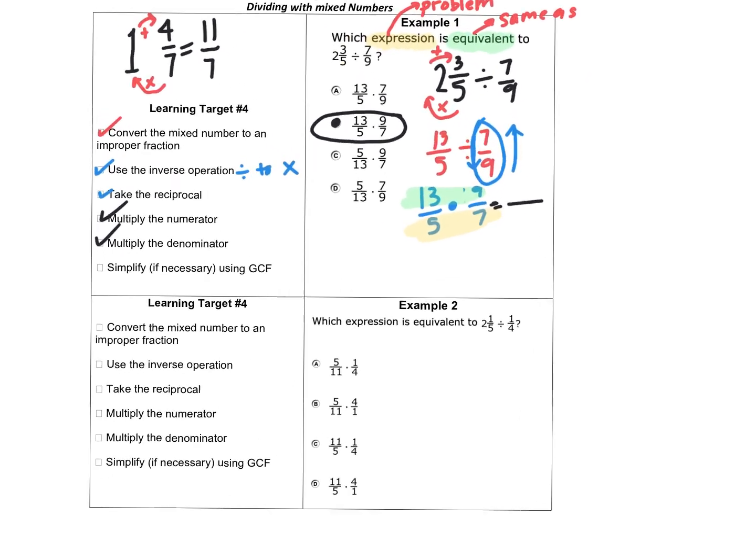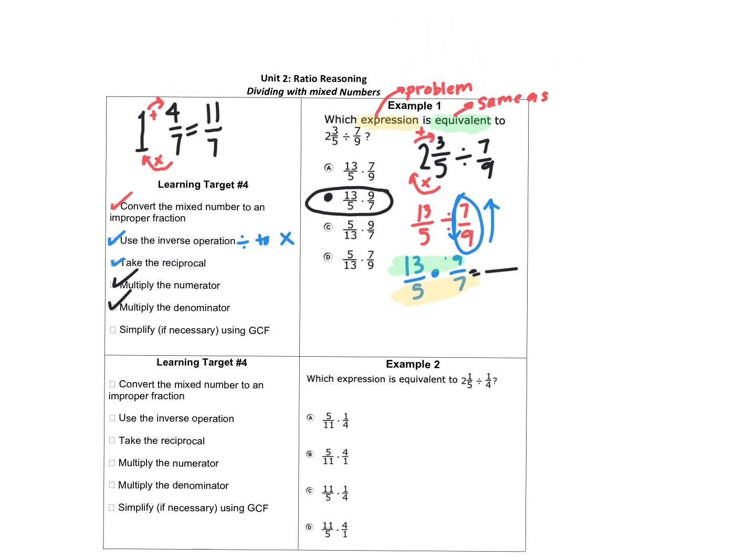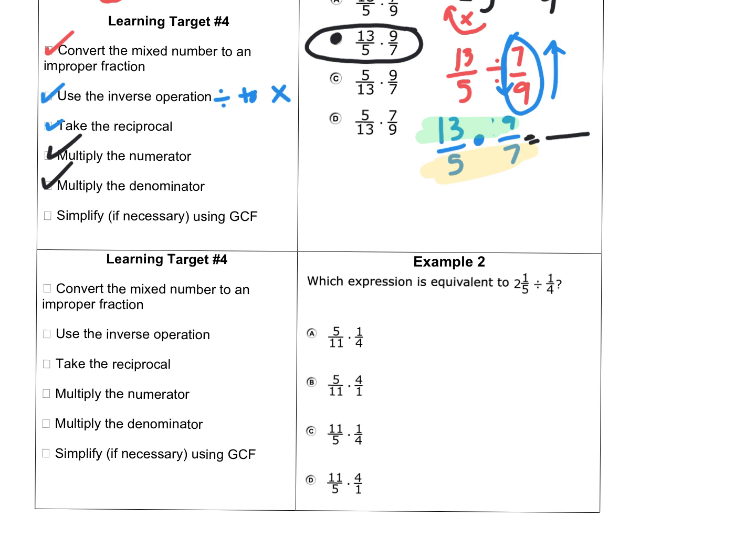All right, let's look again. This one says which expression is equivalent. So again, we're looking for the word expression, which is a problem, and equivalent means equal or the same as. So we're not looking to solve it, we're just looking to set it up. Okay, so we have 2 1/5 divided by 1/4.